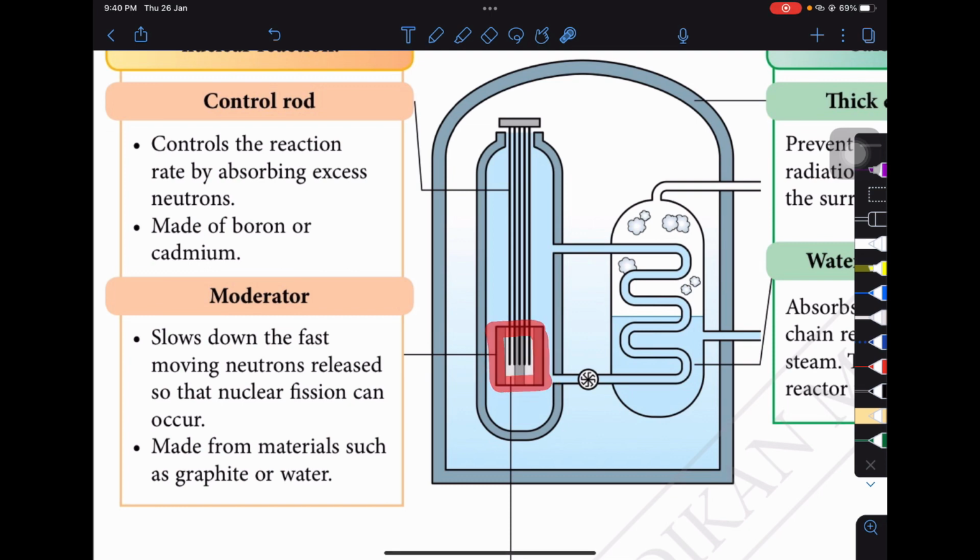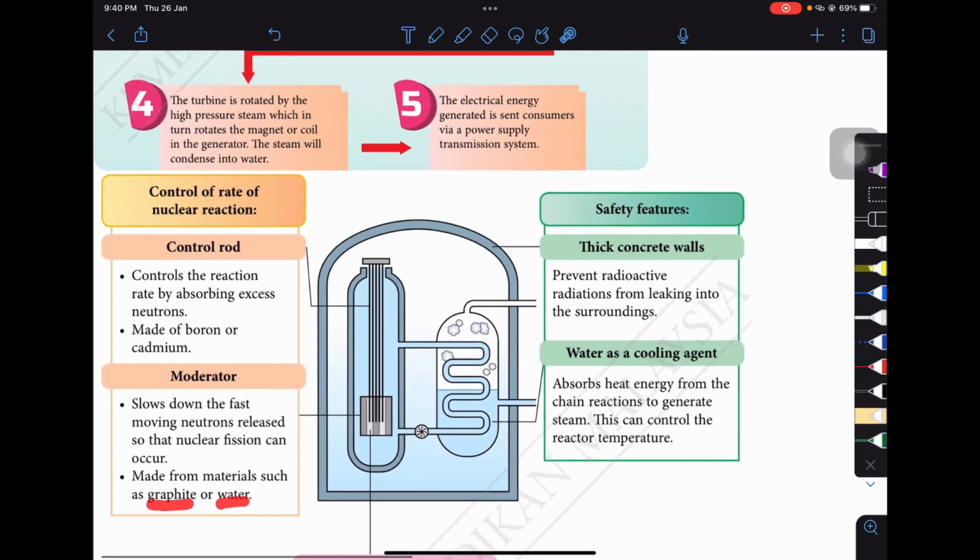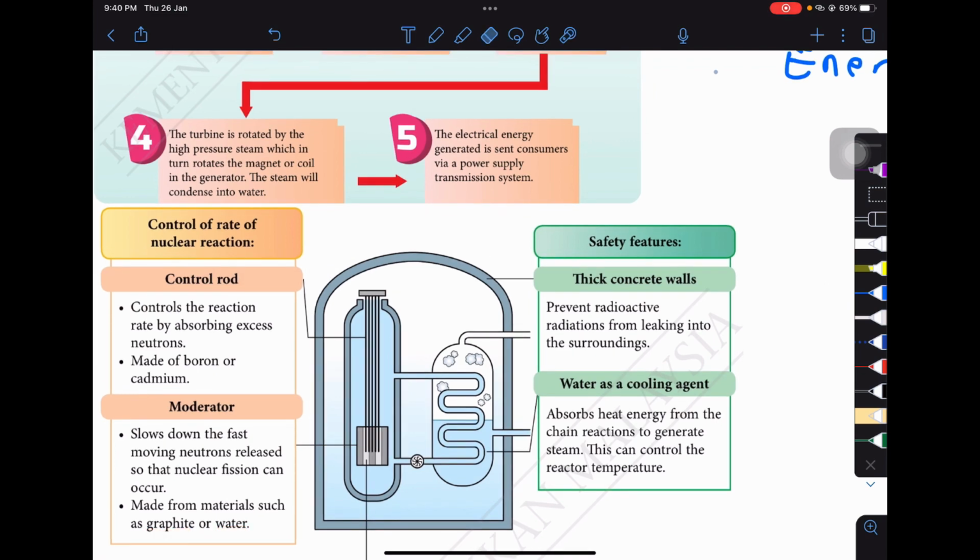What is the best type of moderator? Usually we use graphite or water. And then what are the safety features? You need to know the safety features. First, we have a concrete wall around, to prevent leaking into the surroundings.